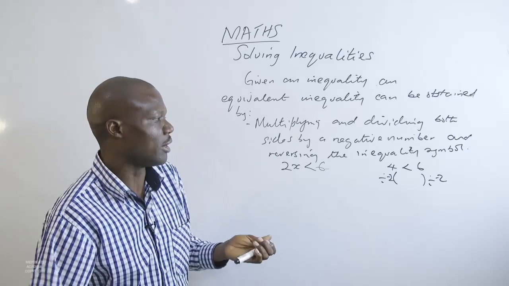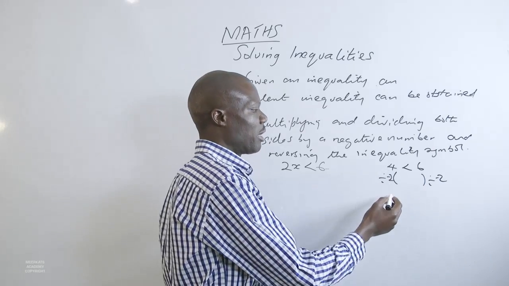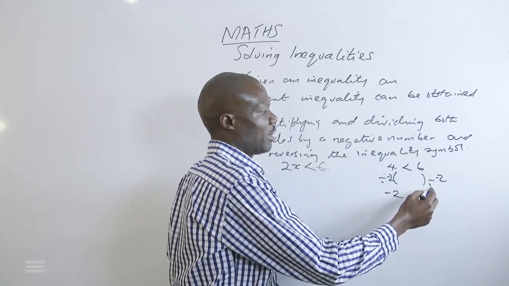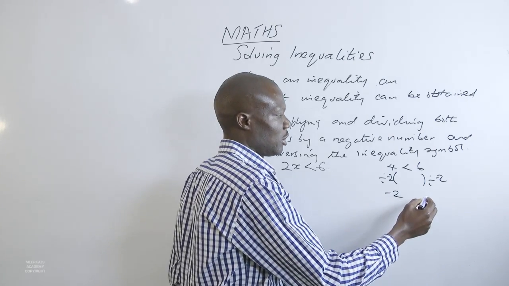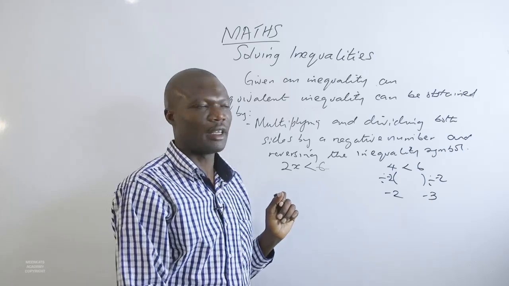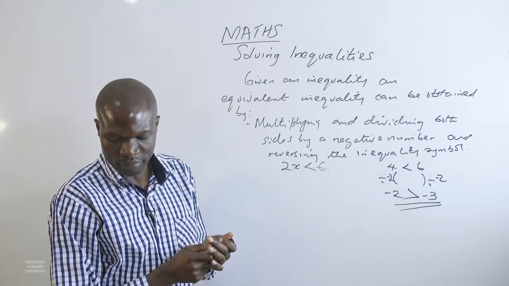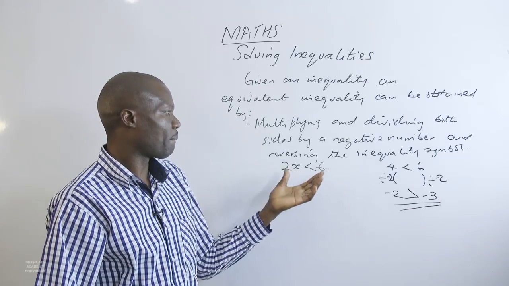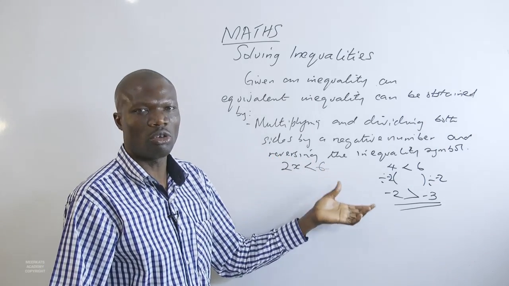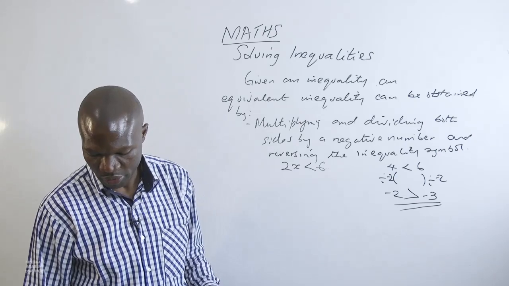So let's do that and see. 4 divided by negative 2 is negative 2. And then 6 divided by negative 2 is negative 3. And then we reverse the inequality symbol like that. And this one is a true inequality. So we are saying that when dividing by negative numbers, we must always remember to reverse the inequality symbol.